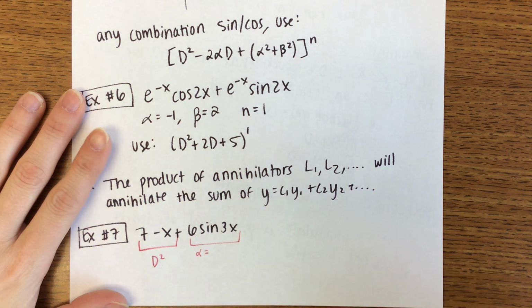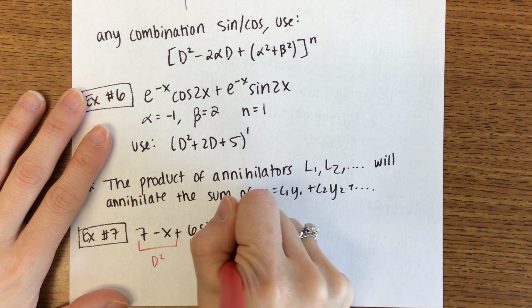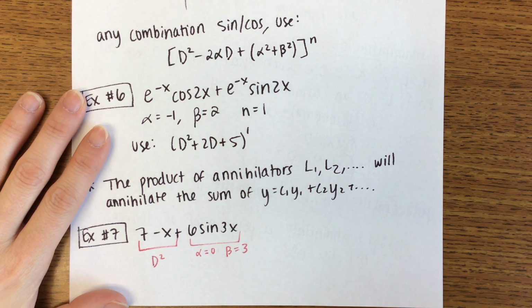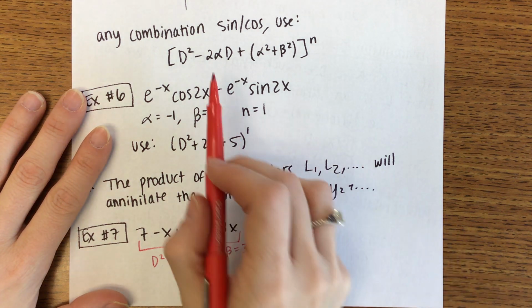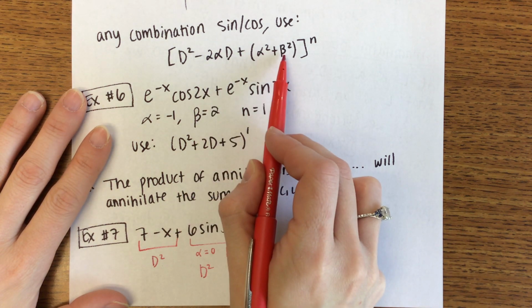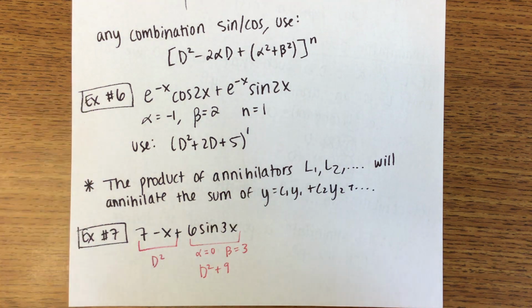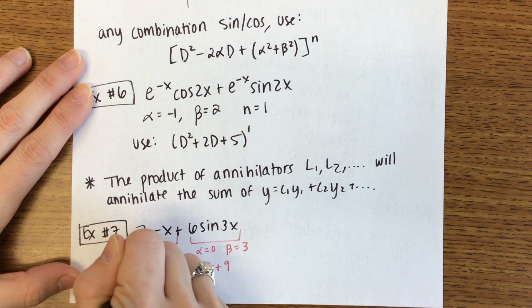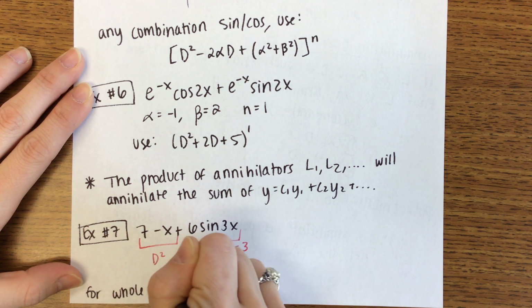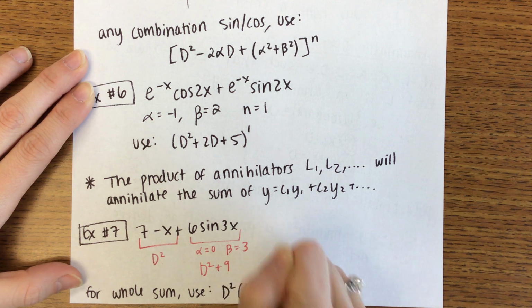In this case, what is alpha? 0. Beta is 3. So you're going to have d squared. That is just 0, so now we're here. Beta squared is 9. So we have d squared plus 9. So then, for the whole sum, you're going to use d squared multiplied by d squared plus 9.